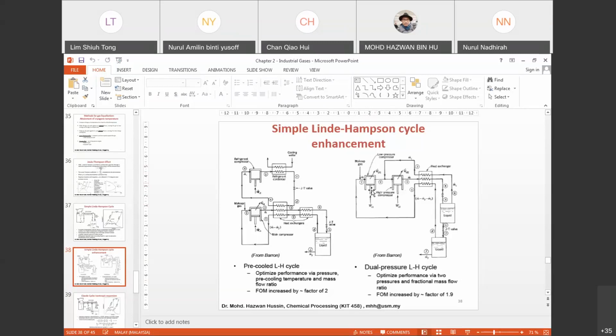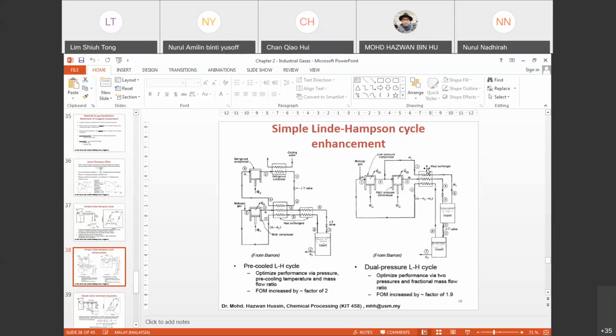The first one applies at the lower pressure, and then it can immediately go into the next compressor, which applies at the high pressure, and then goes into a chiller. The chiller will liquefy the gas, and the liquid gas will be kept in the reservoir.